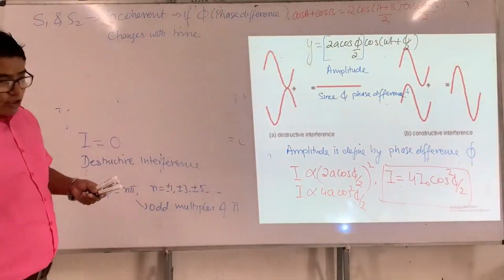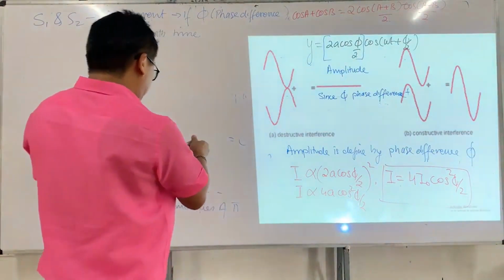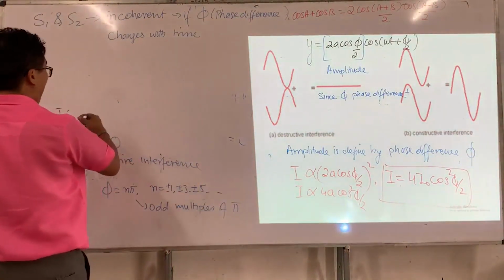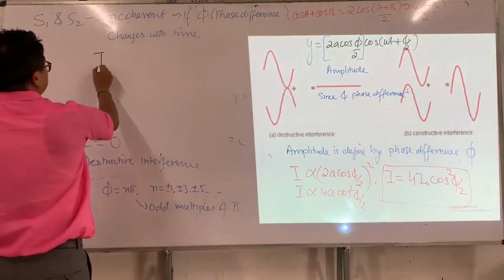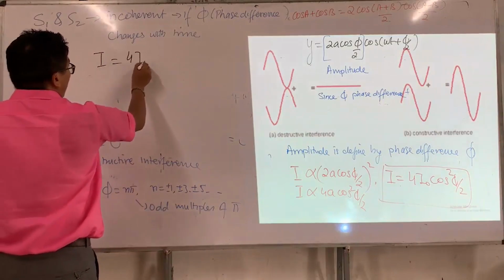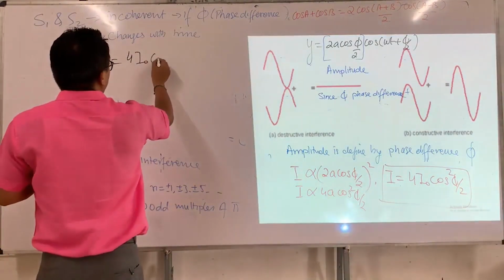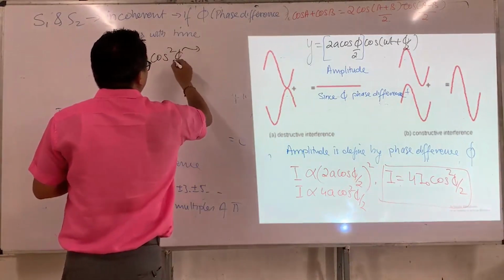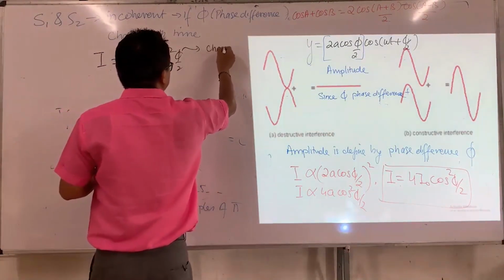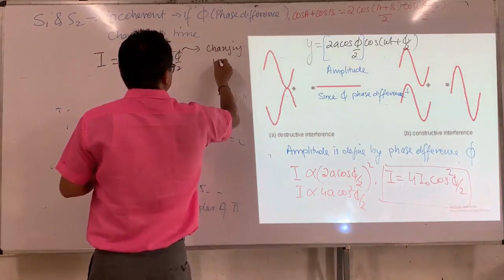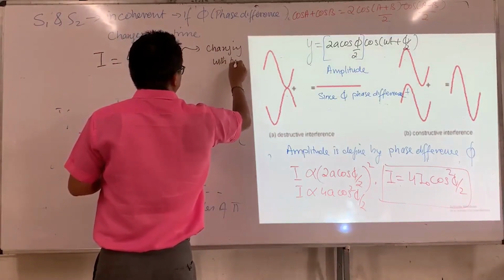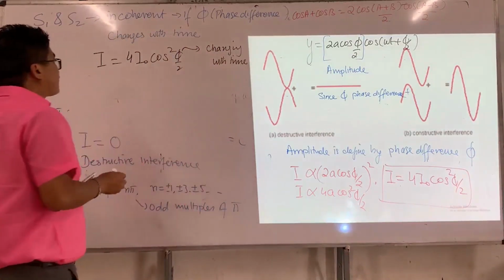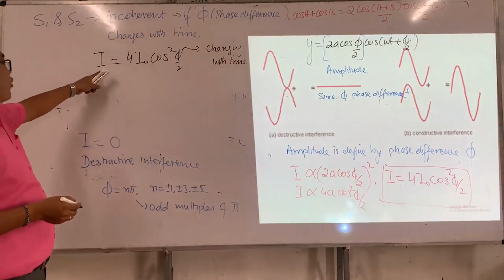Now I'll bring in that equation: I is equal to 4 I naught cos square phi by 2. So if phi is changing with time, then I is also changing with time.